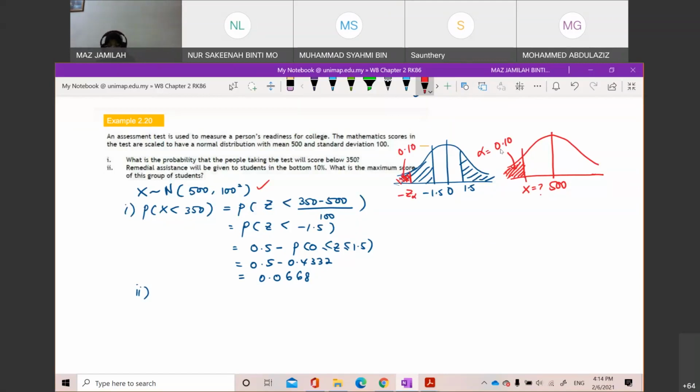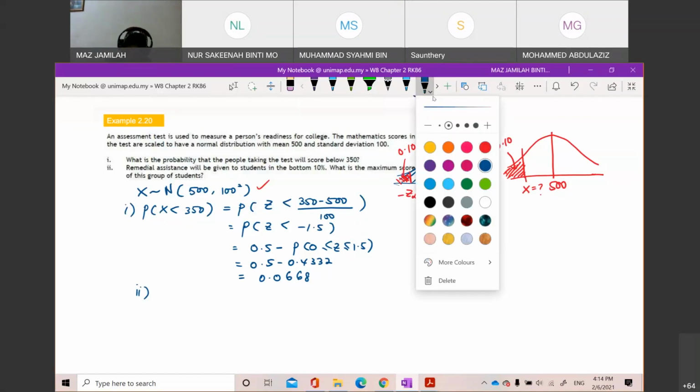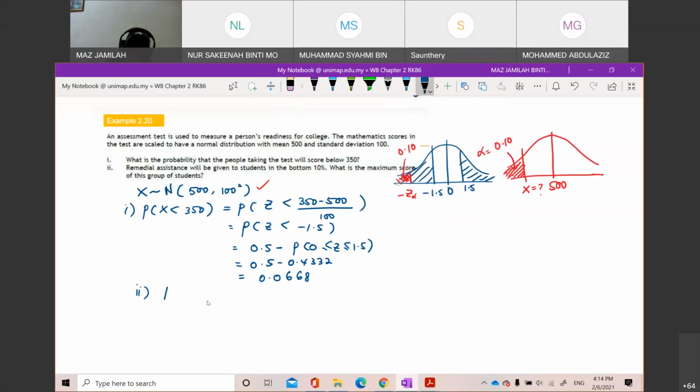The way we solve this is, we are looking for the probability of X less than or equal to the maximum score of the lowest group. So let's say we put max, and the probability is 10%, so 0.10.